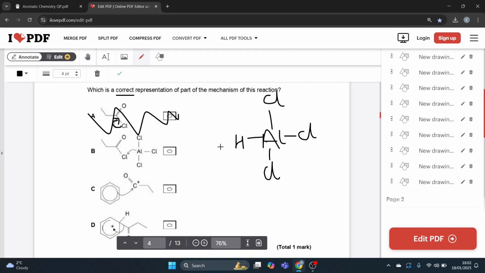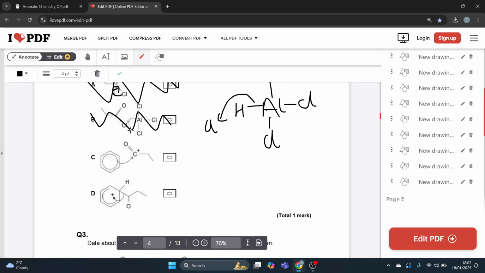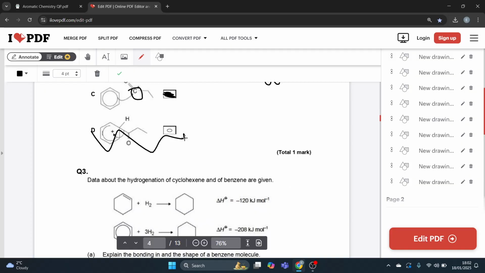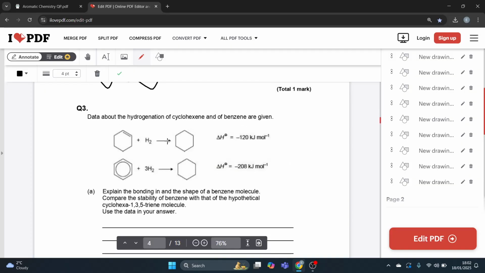You've got your hydrogen here and then chlorine here, and it goes from here to there, not from the middle of the Al–H bond. So it's actually not B. C, yes, goes from the ring of delocalized electrons to the carbon that is positively charged, the carbocation. Perfect. And D, therefore, is incorrect as well. Answer is C.